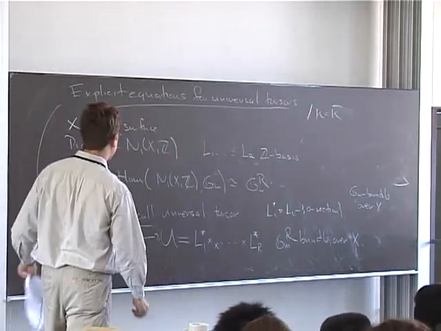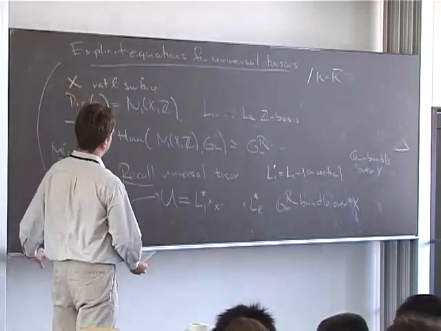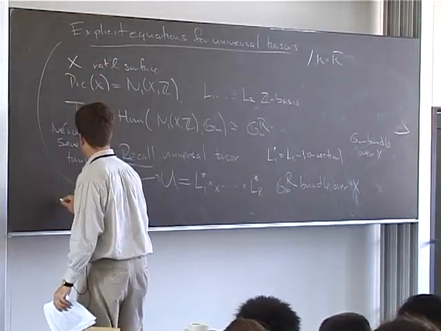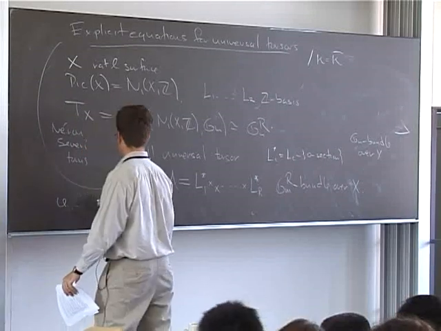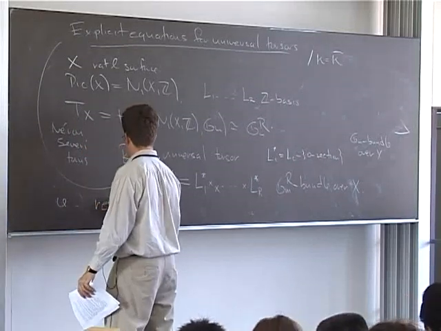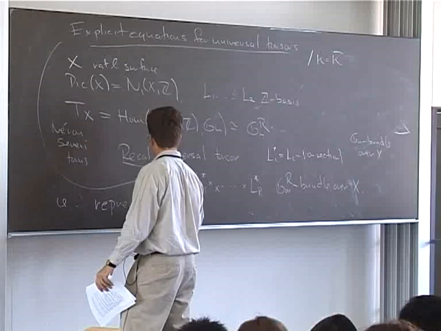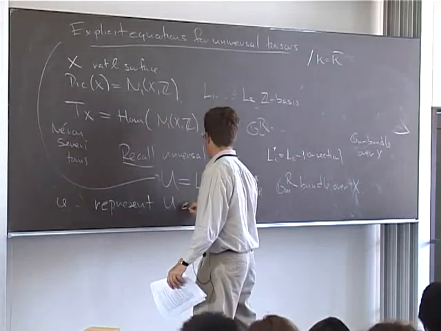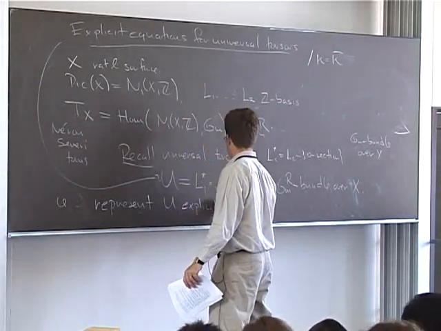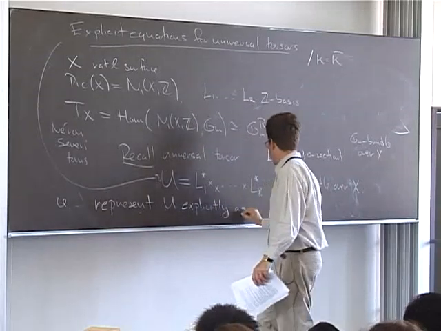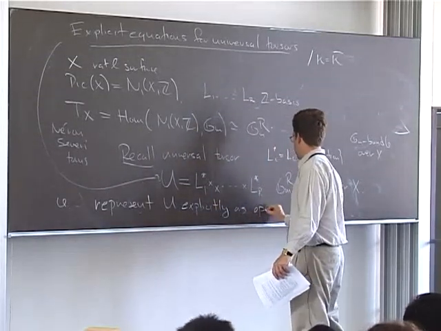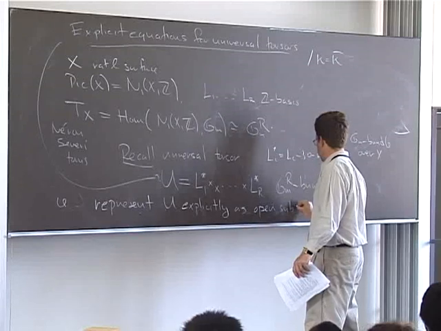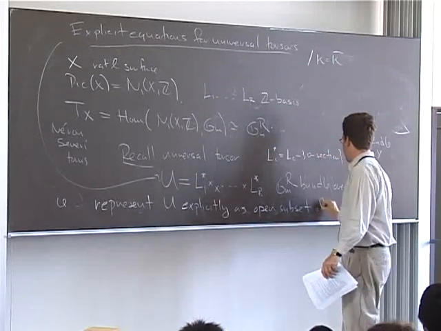And what that means practically is we want to represent U explicitly as an open subset of a nice affine variety.